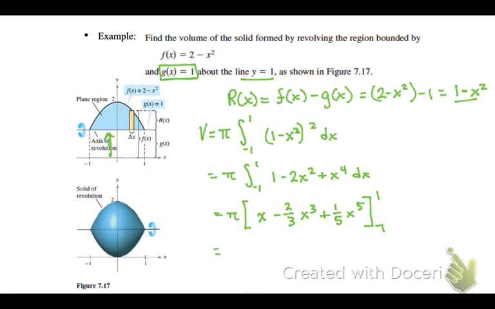Then you just plug. So we just plug everything in. So we're going to have 1 minus 2/3 plus 1/5. So you start with the upper one? Yeah, b minus a. Minus negative 1 plus 2/3 minus 1/5.